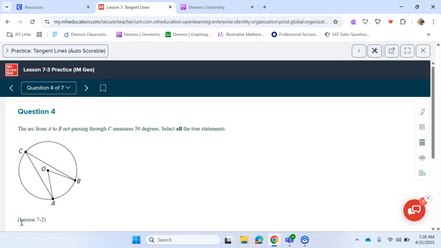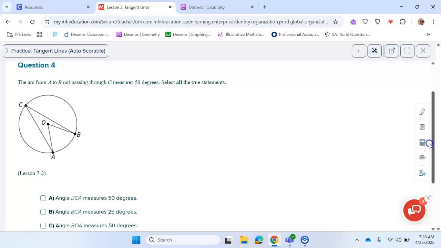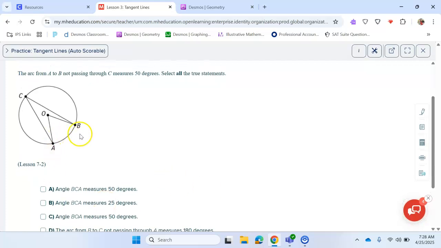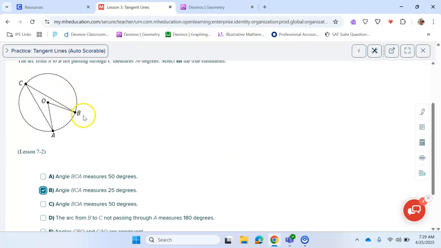Question 4. The arc from A to B, not passing through C, measures 50 degrees. Select all the true statements. Angle BCA is the inscribed angle, so it is going to be half of 50 degrees. The inscribed angle is half the central angle, so it's going to be 25 degrees. Angle BOA measures 50 degrees.